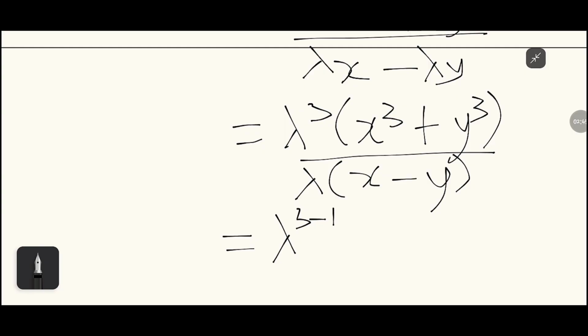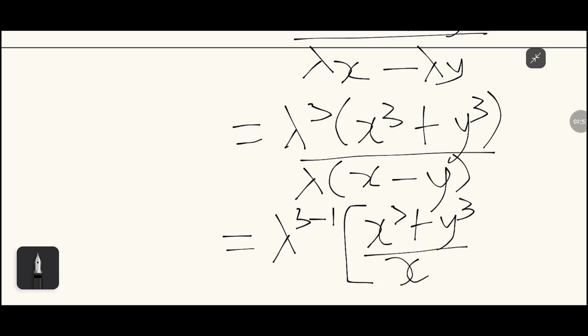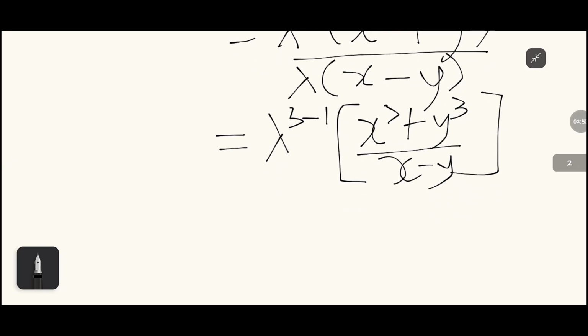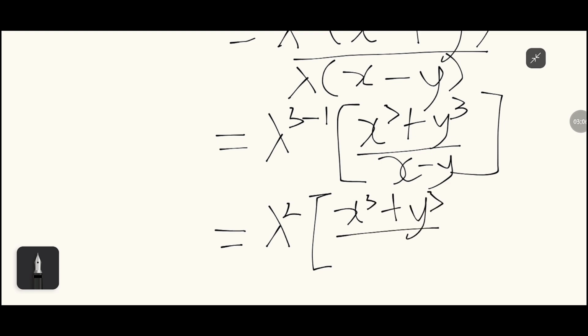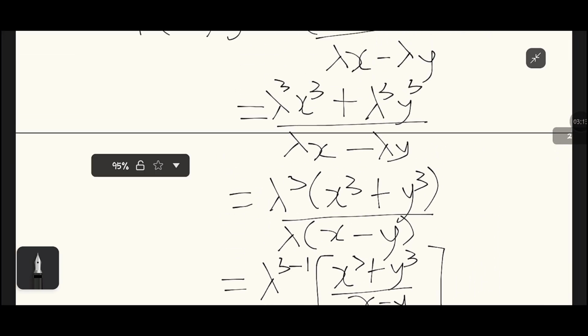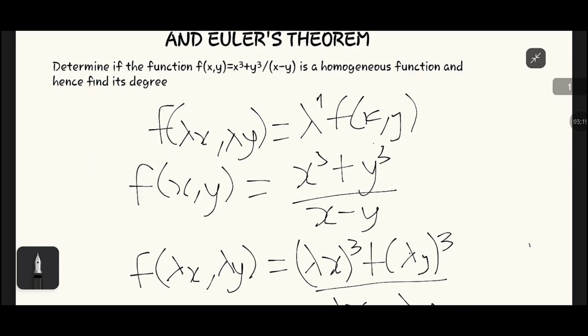This lambda is cancelling this one, so into x cube plus y cube all over x minus y. Now we'll be left with lambda square into x cube plus y cube all over x minus y. Now we have gone back to this.